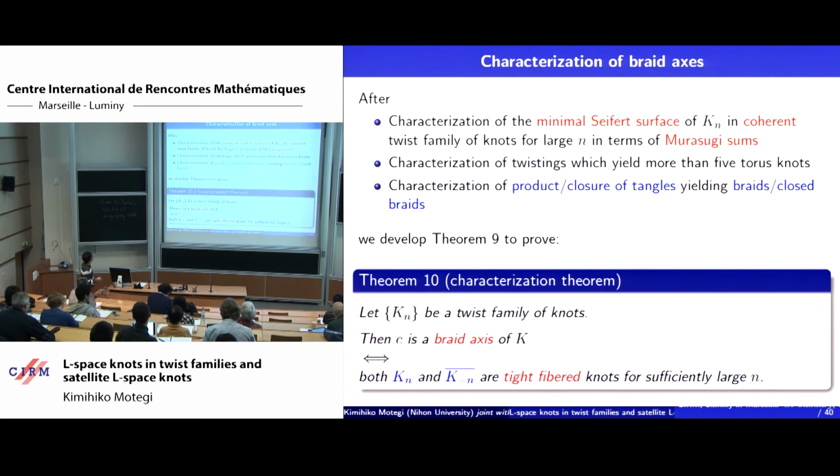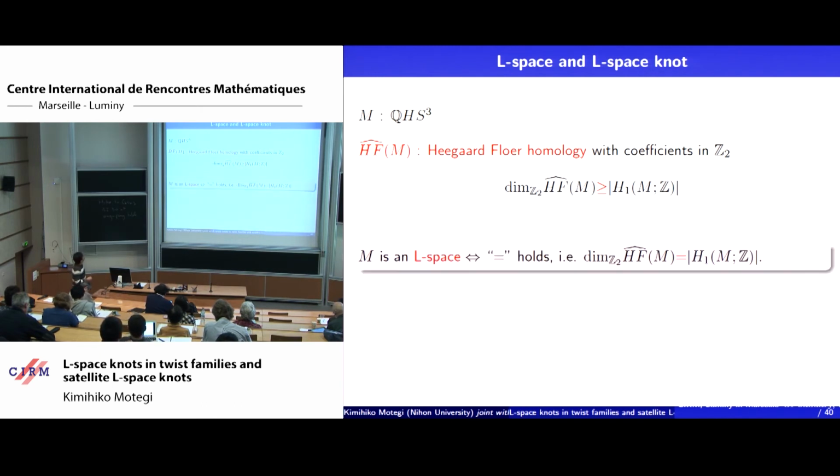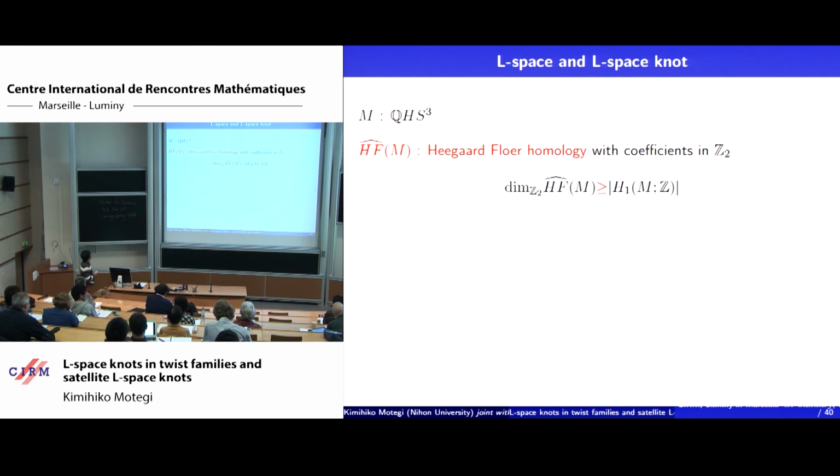Okay. Now we go back to L-space knots, which appear in the title of my talk. Let M be a rational homology 3-sphere. Then its Heegaard Floer homology, the hat version, satisfies the following inequality: the dimension of the Heegaard Floer homology is greater than or equal to the order of the first integral homology of M in general.